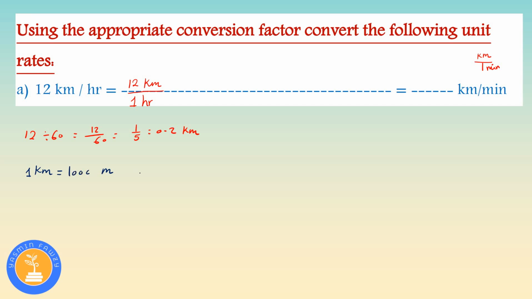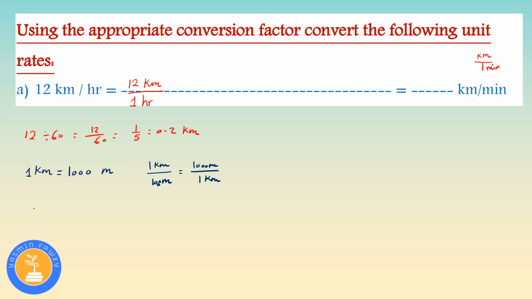Equals 1,000 meter. So the conversion factor of this relation is 1 kilometer over 1,000 meter, or 1,000 meter over 1 kilometer. These are the conversion factors of this relation.